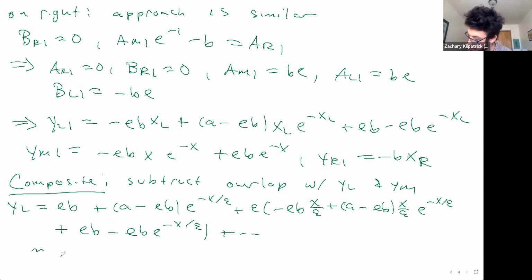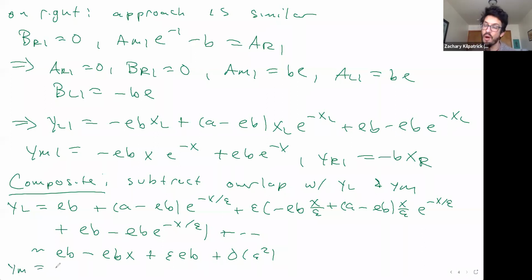And asymptotically, this is going to give us EB minus EB x plus epsilon EB plus order epsilon squared terms, okay, in our outer layer.